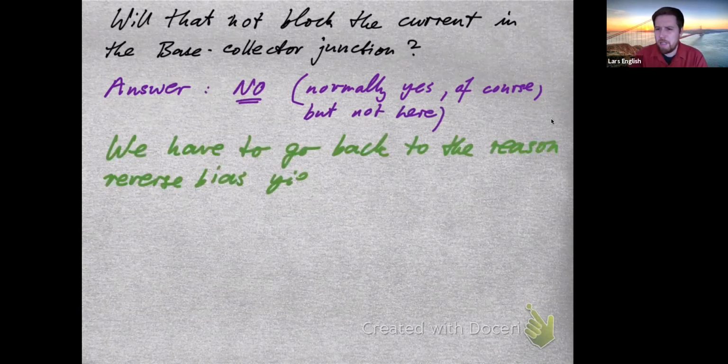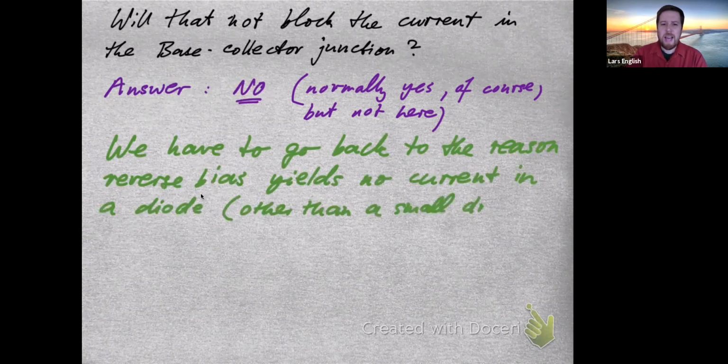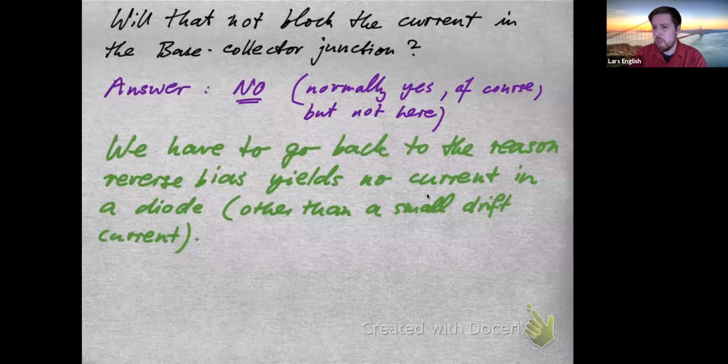Okay, and in particular, we have to go back to the reason that reverse bias of a diode yields no current or very little current. We have to contend with a small drift current all the time, right? And so that is sort of the residual current that you get when you reverse bias a diode. But other than that, we get basically no current. So why is that, though?